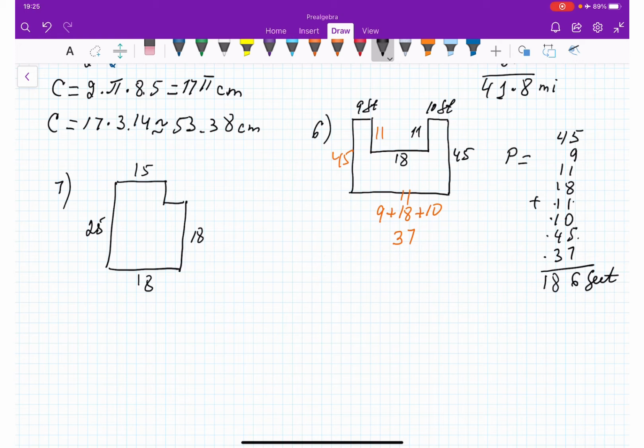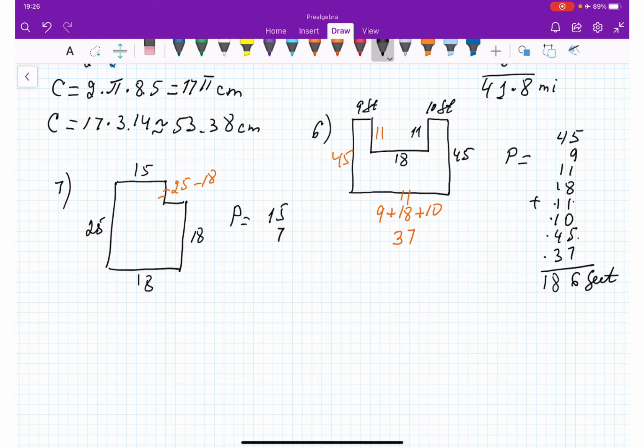Okay, we are going to find the perimeter also. All right, let's see. So the perimeter is equal to 15. Let me rewrite it. How much will this piece be? 25 minus 18, right? So it's going to be 7.